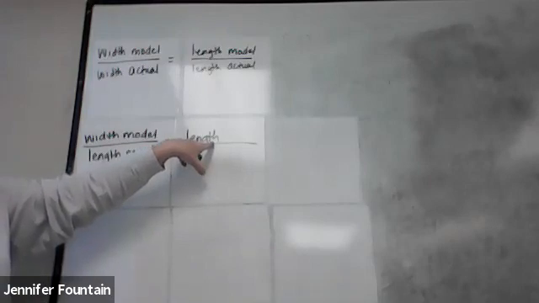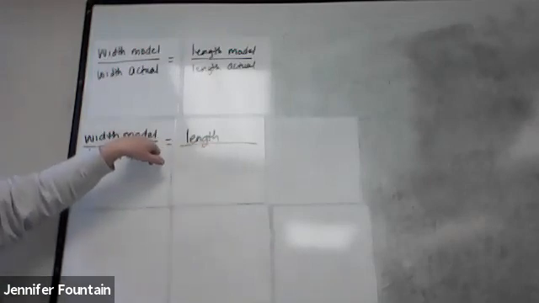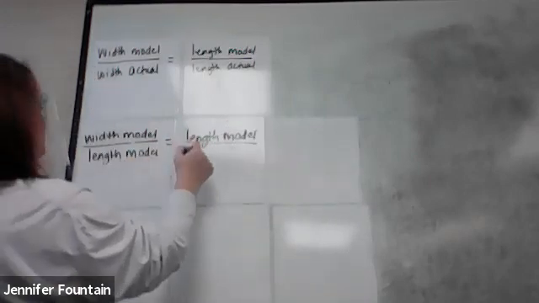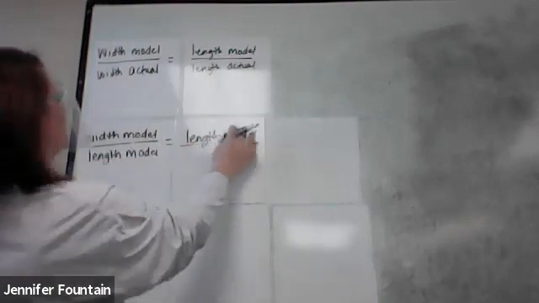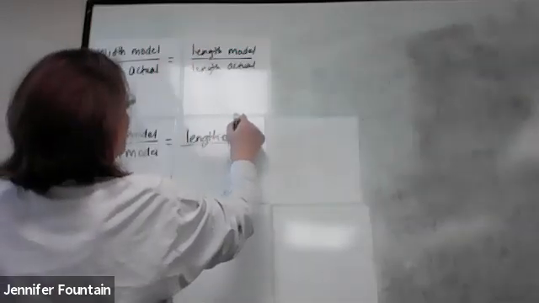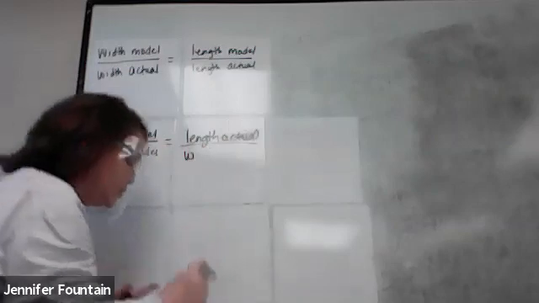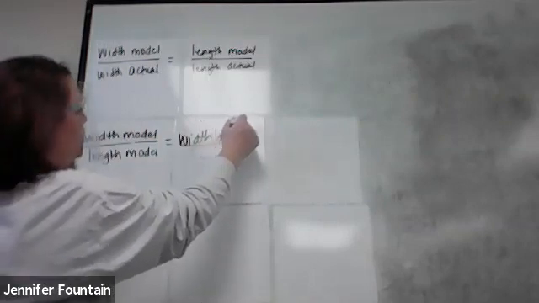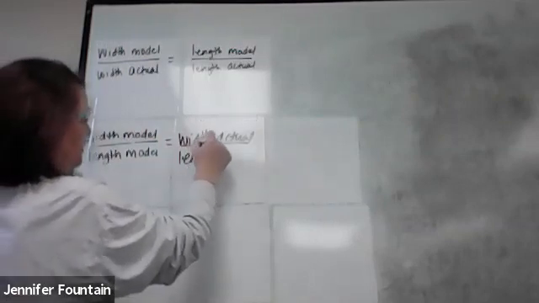Let me reset, back it up. Width of model over length of model. So over here needs to be the width of what? Actual. Width of actual over length of actual.